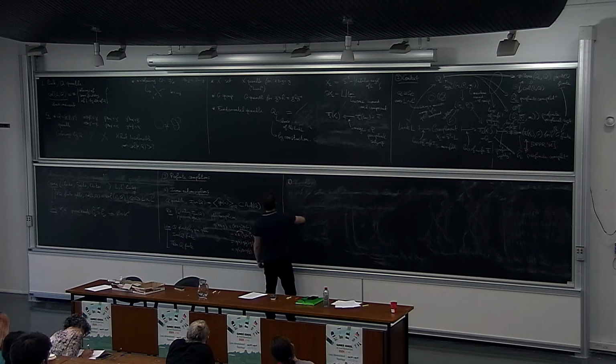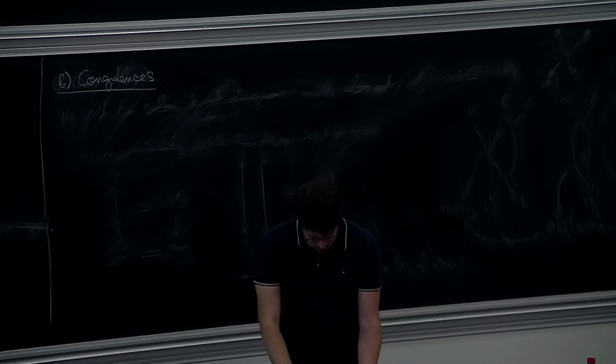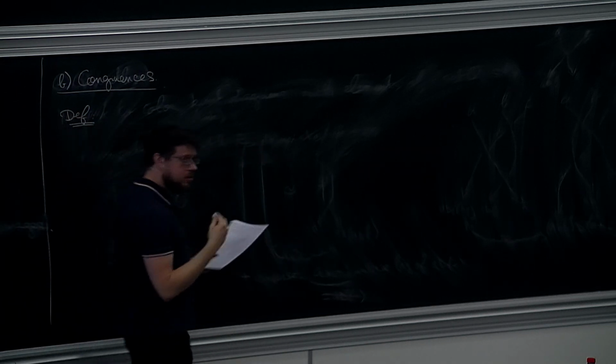And if I want to talk about profinite completions, I first have to talk about how to deal with finite quotients in an efficient way. And to deal with quotients for groups, you deal with quotients by normal subgroups.